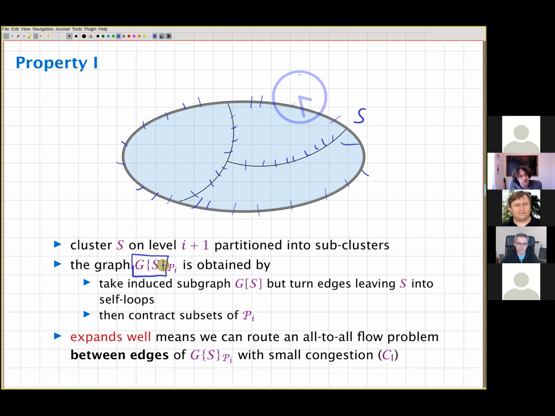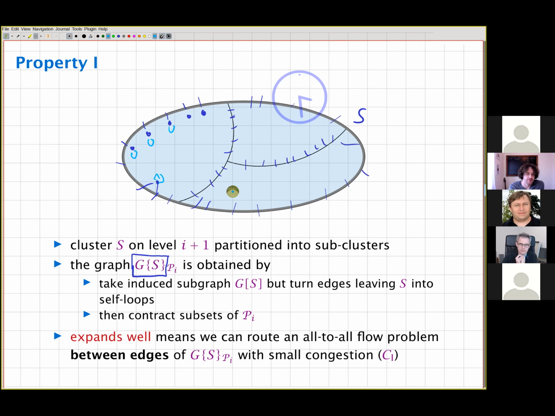It's not the induced subgraph, but what I do is I take the induced subgraph, but in addition, for every vertex that is here at the boundary, for every boundary edge, I will create a self-loop. Here I will create a self-loop for each of these boundary edges, and here I will create two self-loops. So the vertices that are at the boundary, for every boundary edge, they get a self-loop.